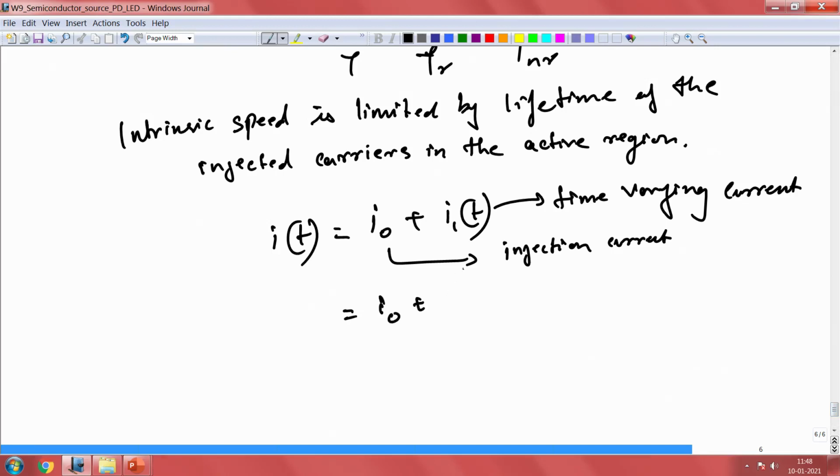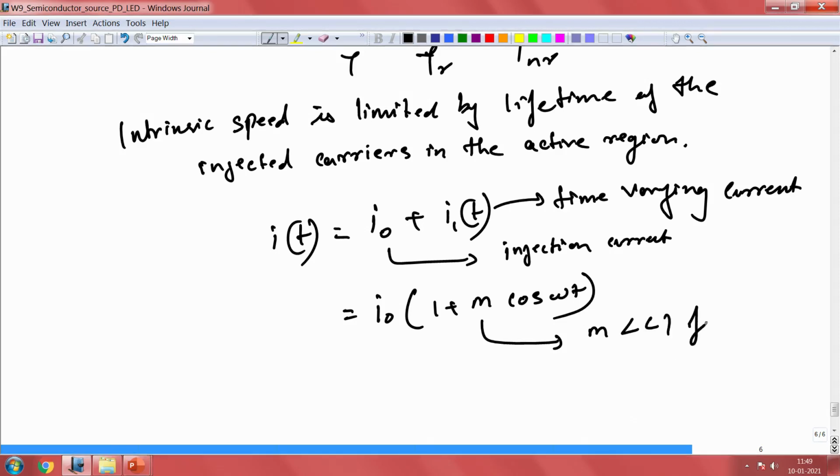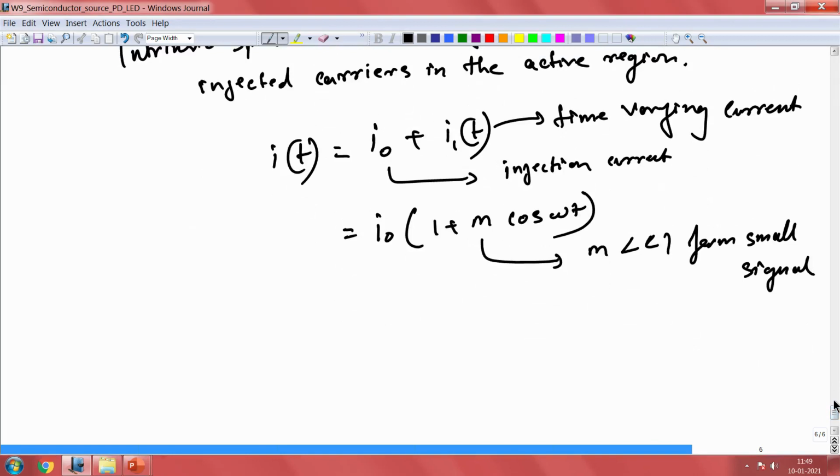This I 1 of t could be written as 1 plus m times cos omega t, let us say. Omega is the frequency and m is a modulation factor that characterizes whether it is small signal or large signal. This is normally much less than 1 for small signal.